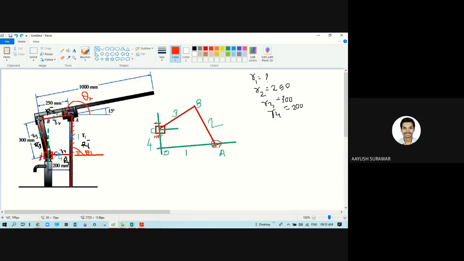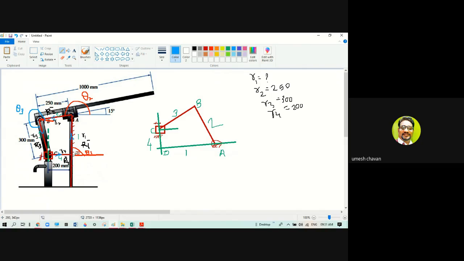Yes, sir. This is a horizontal line, and from the horizontal line, mark this as theta 3, and this is theta 4 from the positive x.